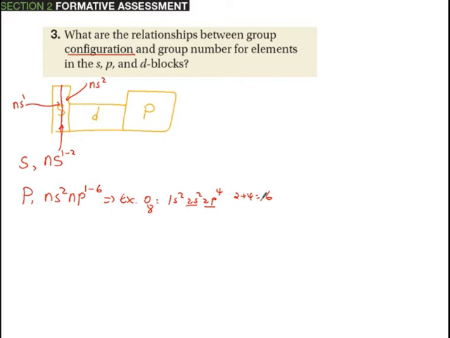And in the case of the D block, how can you recognize the D block? The D block has the configuration (n minus 1)d and ns2, where d can be from 1 to 10.